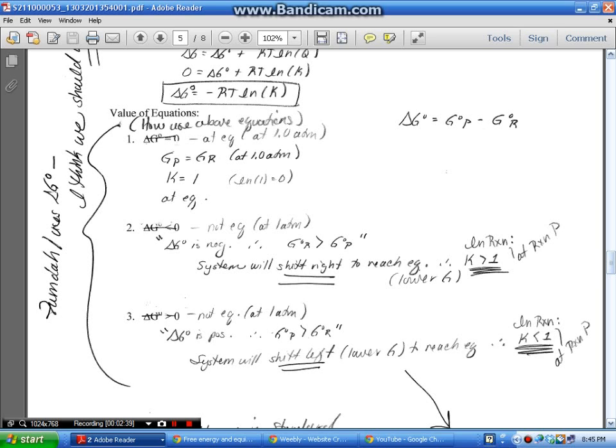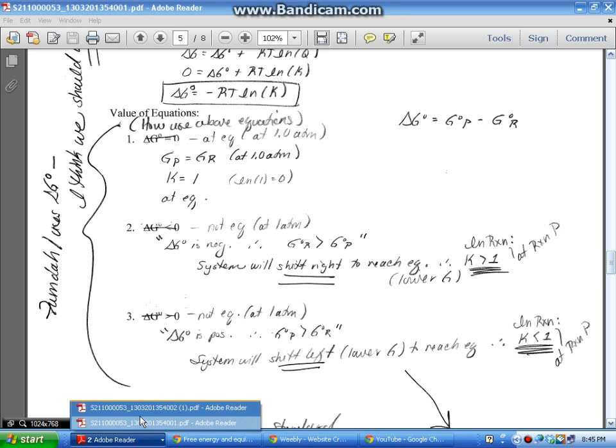In other words, we're at equilibrium. When delta G is less than 0, this is kind of like how we interpreted Q in comparison to K. If delta G is less than 0, then we need to shift right. We need more product to reach equilibrium. When delta G is greater than 0, we have too much product, so we're going to have to shift left to reach equilibrium.